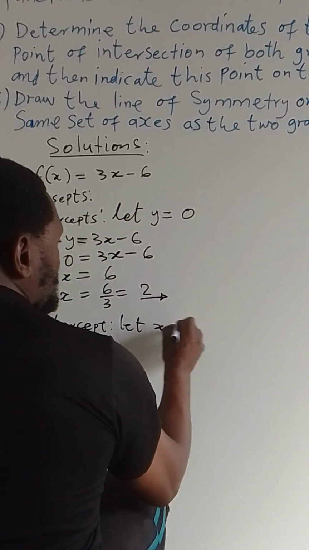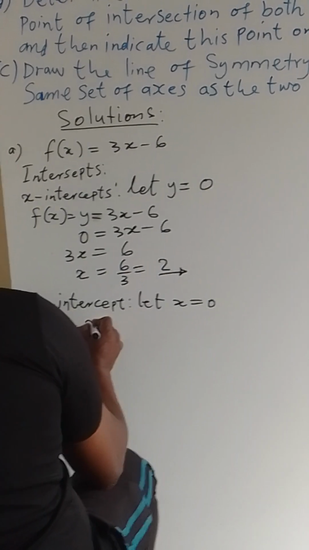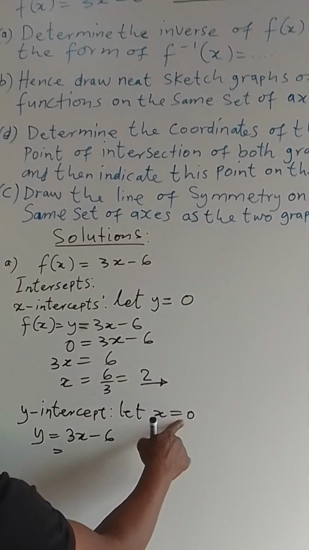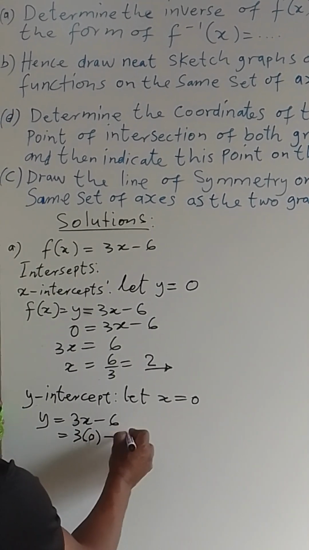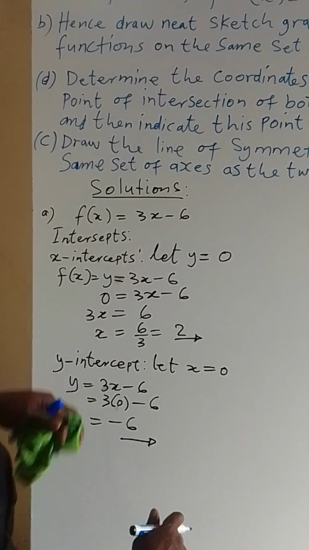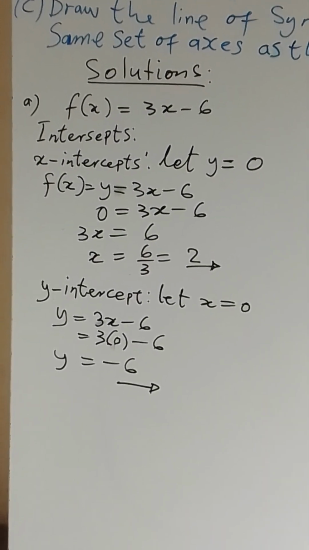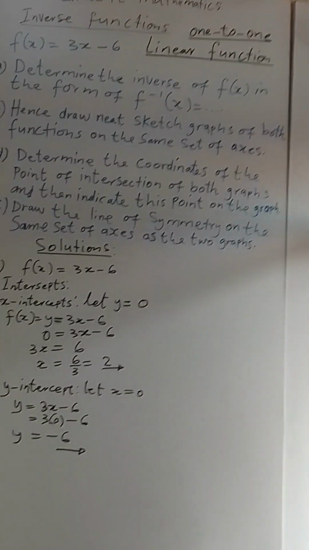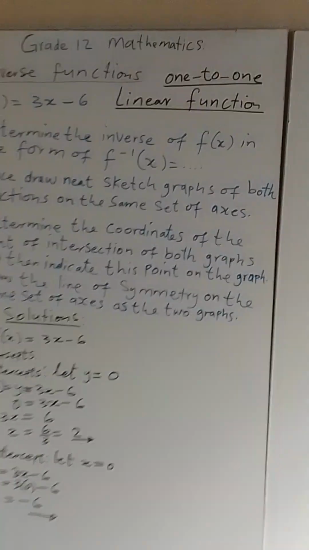You let your x be 0, then y = 3x - 6. When x is 0, your y is going to be -6. That is the value of y. Now we come and draw this graph.